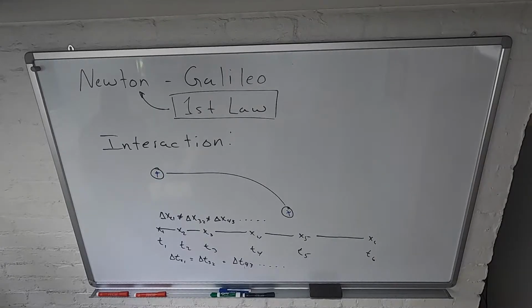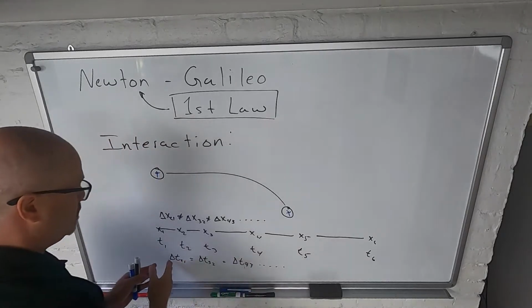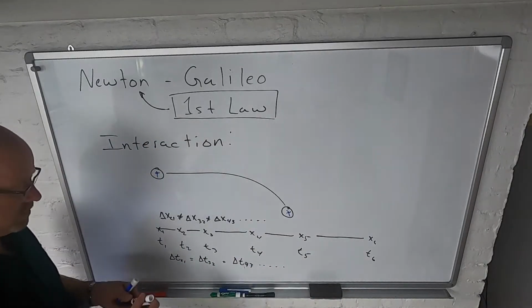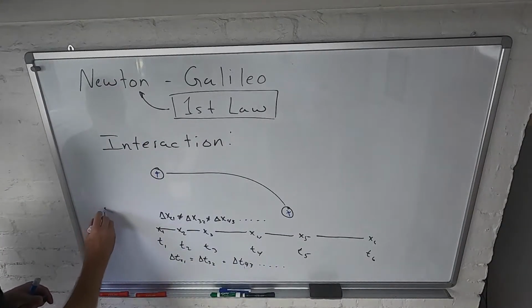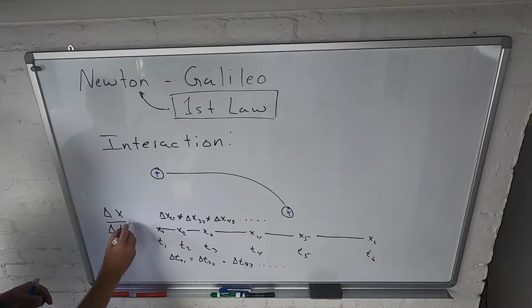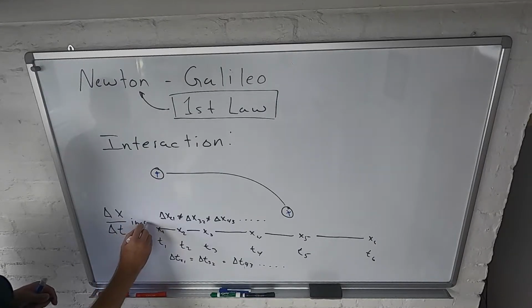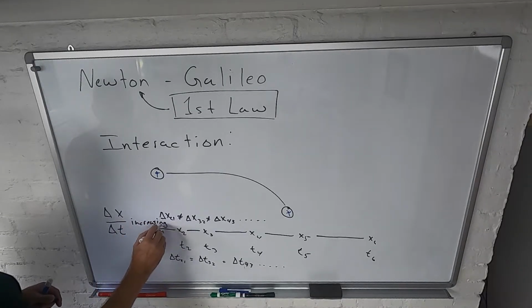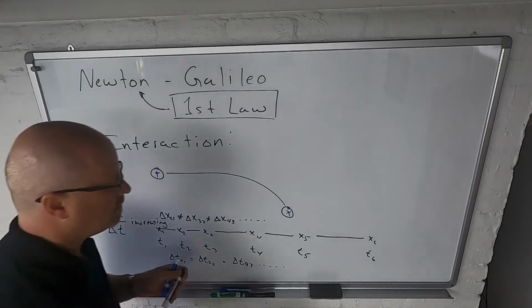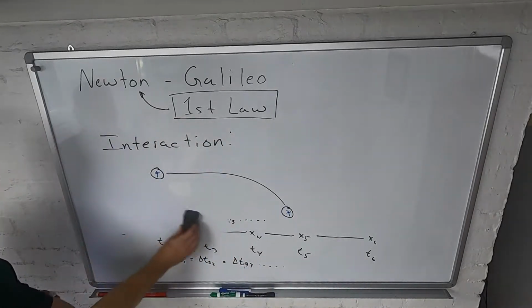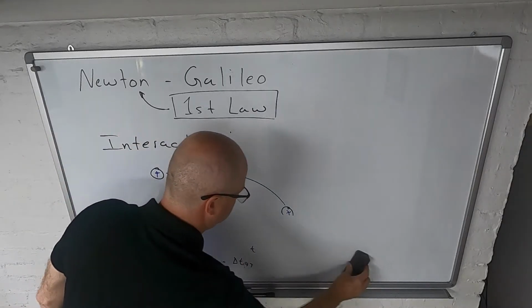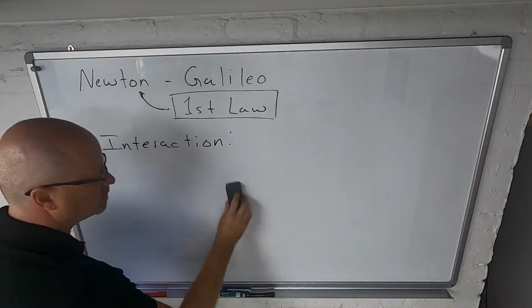In one dimension, we say that the distance has changed, but the delta in time has not. So if I look at the ratio of delta x to delta t, this is going up. It's increasing. And so that means there's an interaction. Something is happening. Okay.